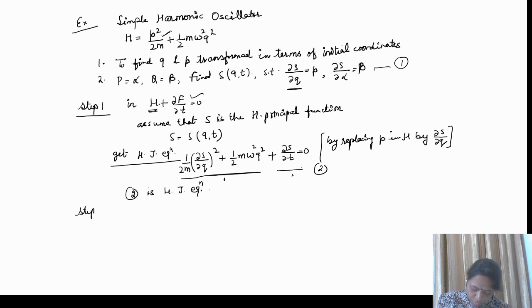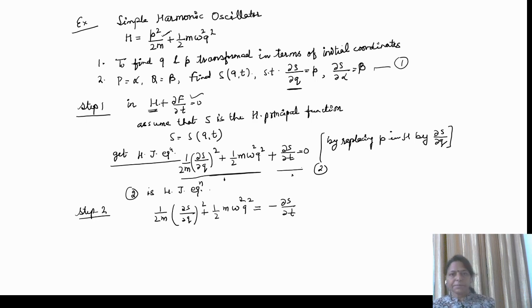So in step 2, we shall write this as 1 upon 2m (∂S/∂q) squared plus half m omega squared q squared is equal to minus ∂S/∂t. As this part is free from t, this part is free from q, I may assume this part to be alpha, so this will also be equal to alpha.